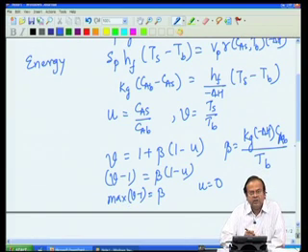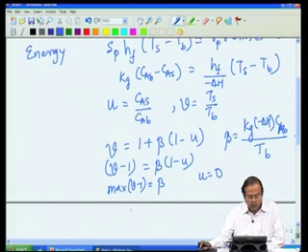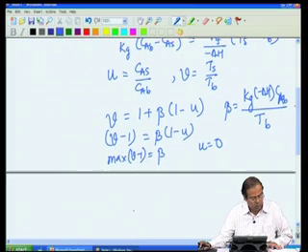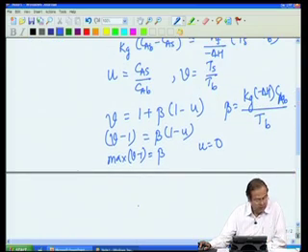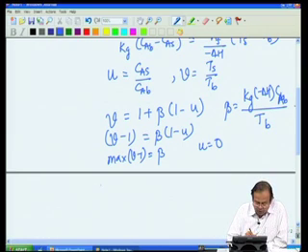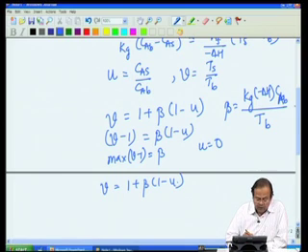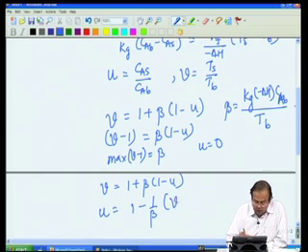Now, you will realize the same thing that we talked about when we looked at internal diffusion. So, now we can go back to our mass balance and energy balance equations, and instead of temperature we can write in terms of concentration, or the other way round, U as 1 minus 1 by beta into V minus 1.